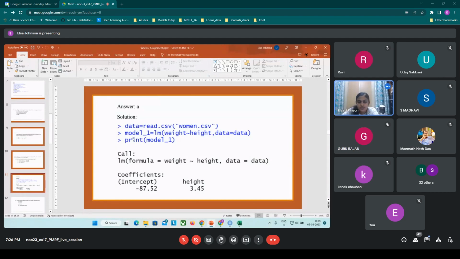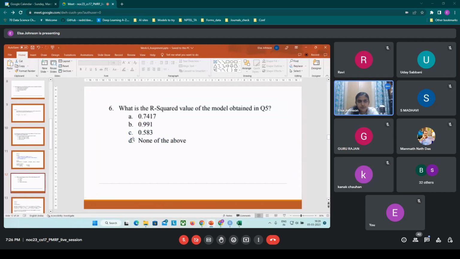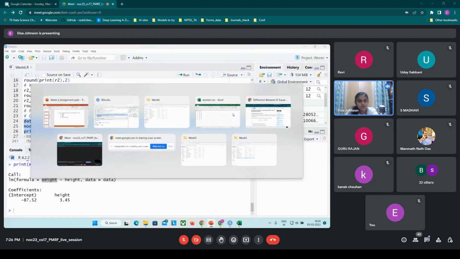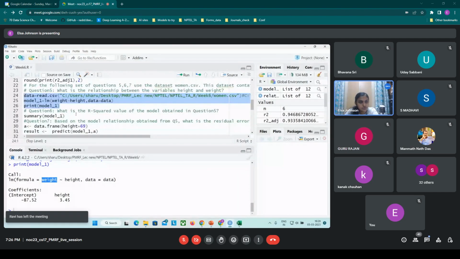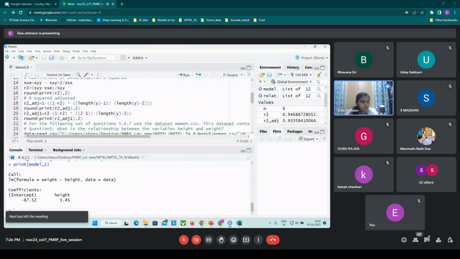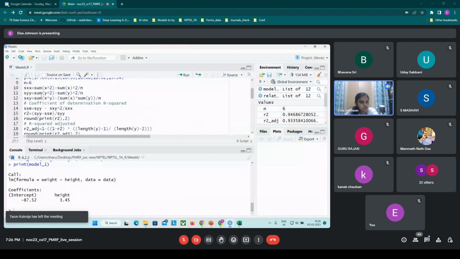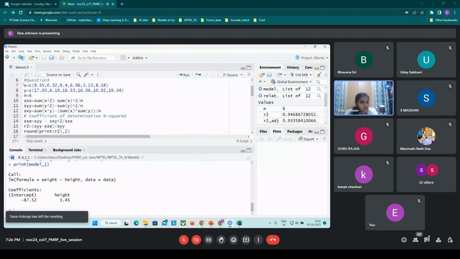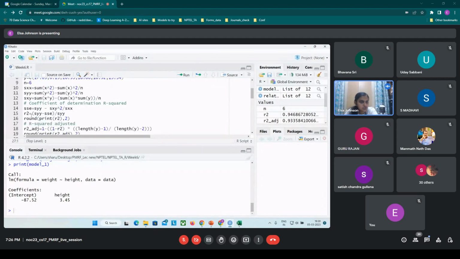Now the next one is, what is the R squared value? For the R squared value, you can check the model. If you want to do it manually, you have to take the set of x and y values, put them in the equation, and calculate R squared.